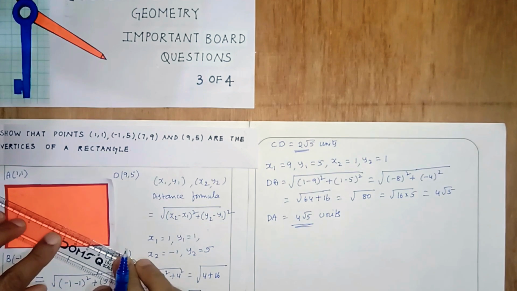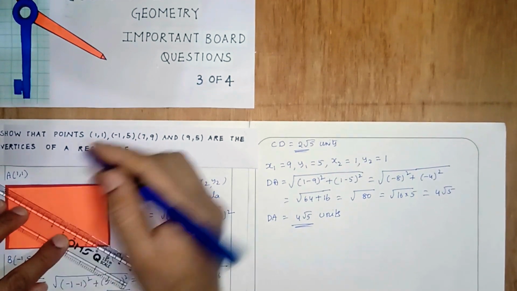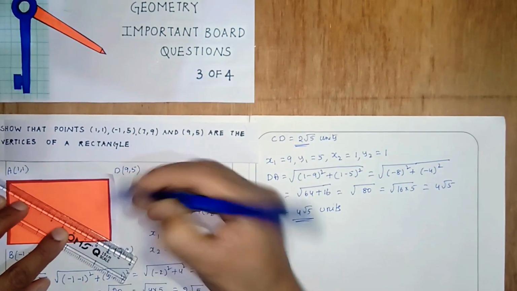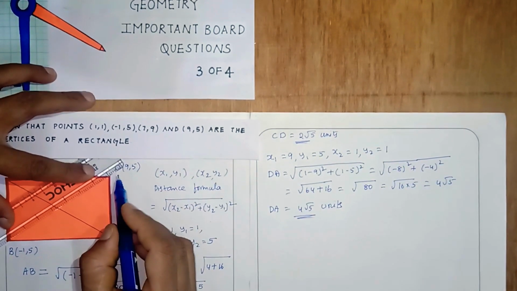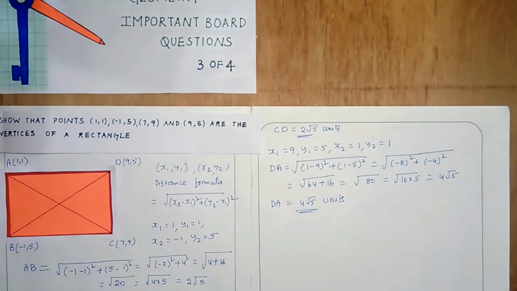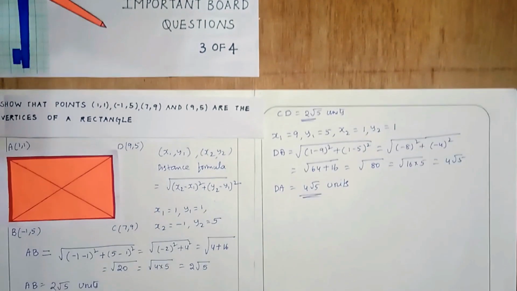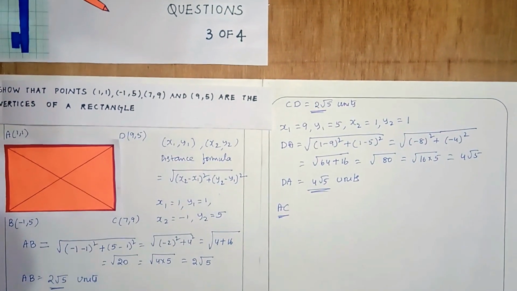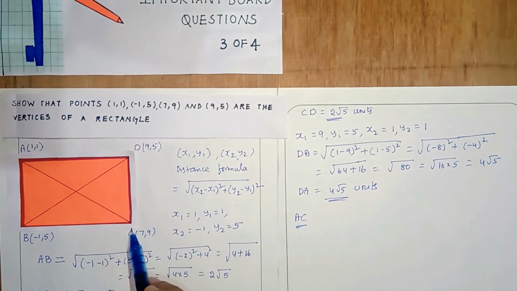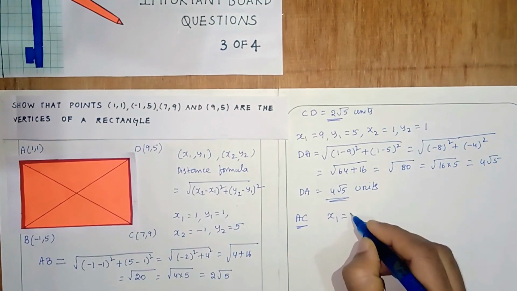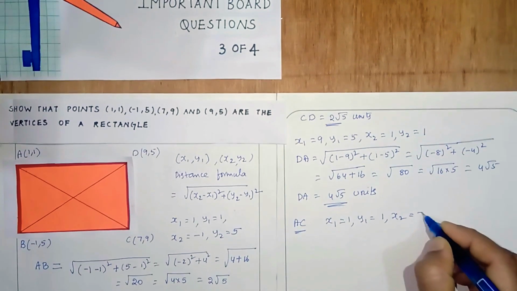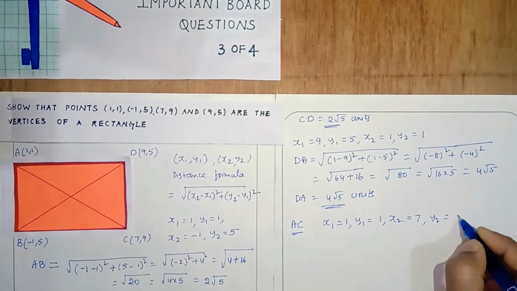Similarly, let's find the diagonals AC and BD. To find the length of AC, consider the point A as (x1, y1) and C as (x2, y2), where x1 equal to 1, y1 equal to 1, x2 equal to 7, y2 equal to 9.